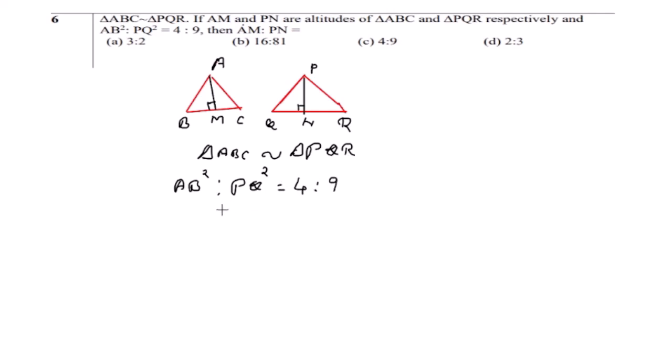So if the ratio between AB square and PQ square is 4:9, we can take the square root also.